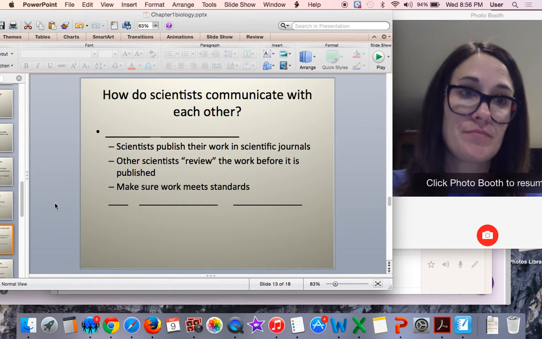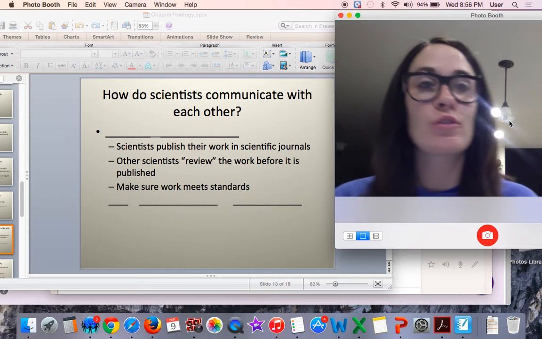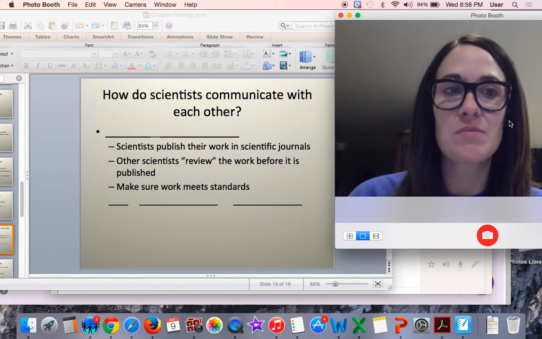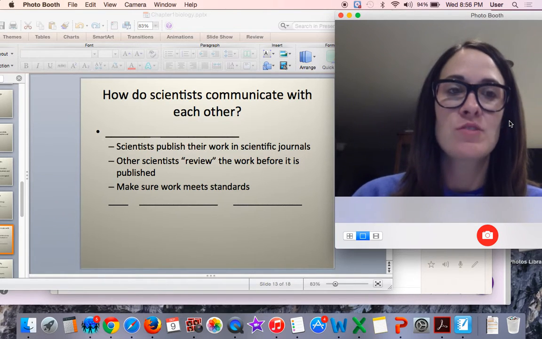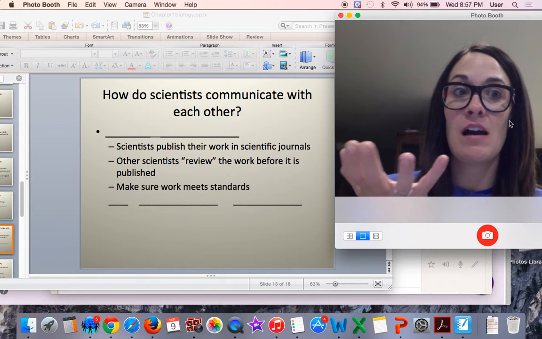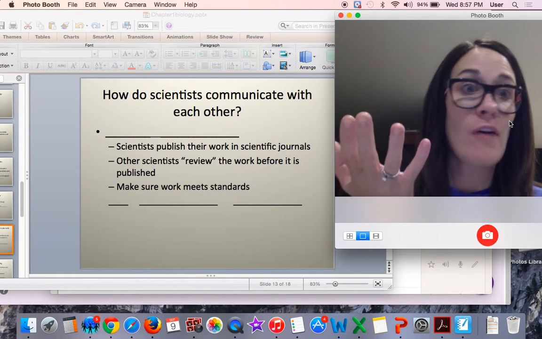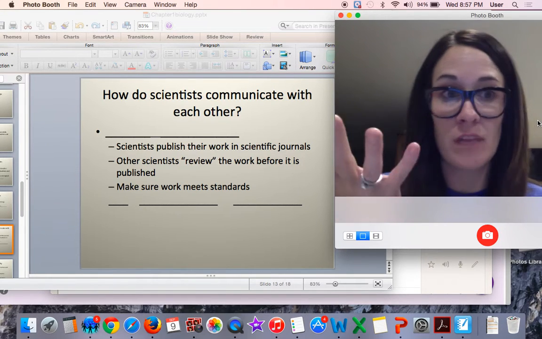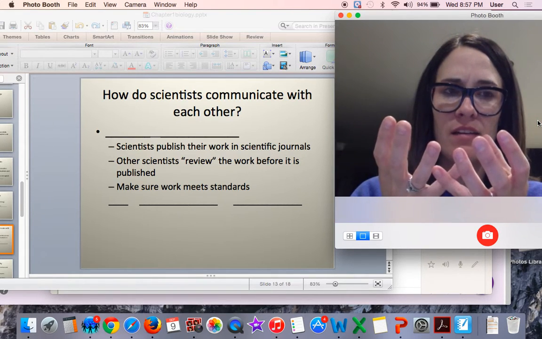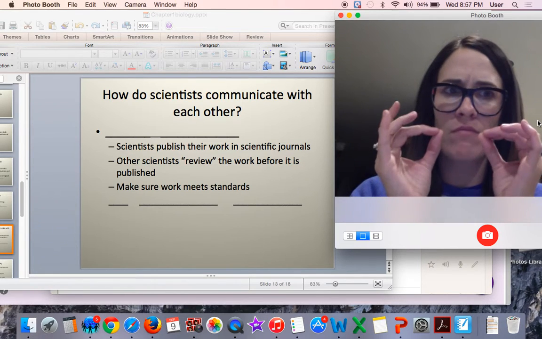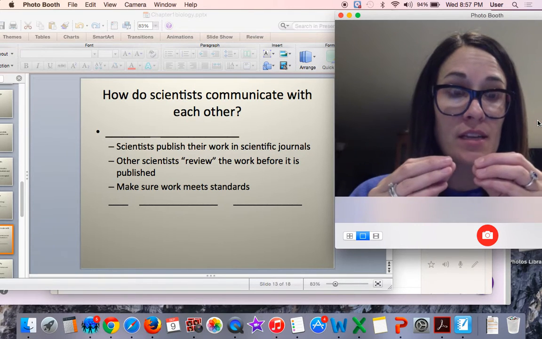Scientists, like yourselves, since you're in a science class, okay, but like if you go to a university, and we'll take a look at some journal articles on biology this year, they have to communicate with each other. So if one scientist is studying Alzheimer's, and specifically if Alzheimer's can be inherited, like being passed down through generations, and another scientist is studying the exact same thing, and they're looking at the exact same part of the brain, or maybe the part of the neuron, which is the brain cells.